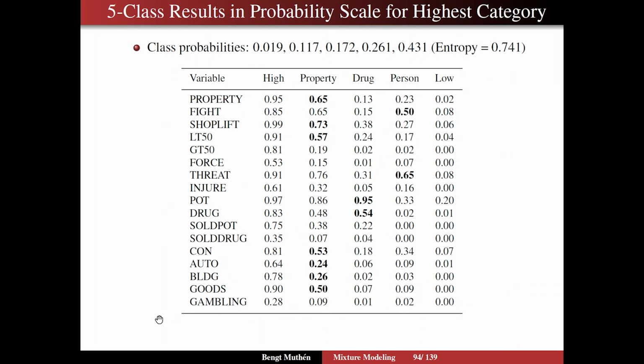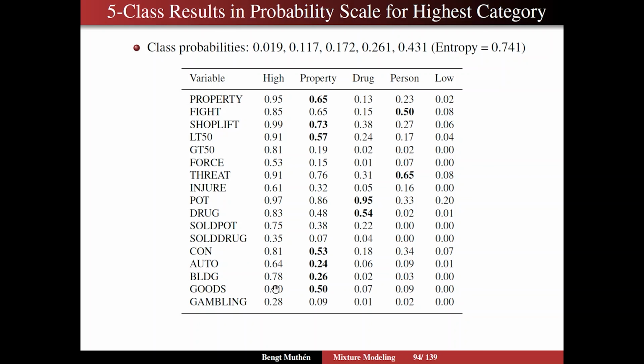On slide 94, I show results in probability scale that you get from the Mplus output. And you also have the class probabilities. So you have the 17 items here as rows and the 5 classes as columns. So for those in the high class, they have a high probability of saying yes to having engaged in these activities.